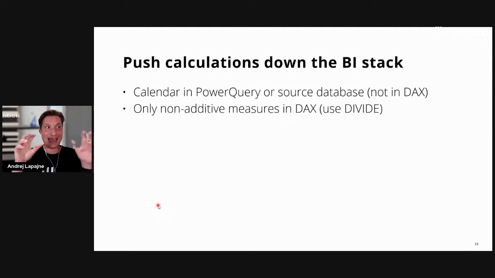So basically, DAX formulas you can look at as volatile formulas that always need to calculate something, and all this calculation is running each time the user clicks on a filter, changes a page, and so on, right? So if you push those calculations down the BI stack to Power Query or to your data source, so you can generate your time dimension in your SQL Server, it's much better than to have it in DAX, right?